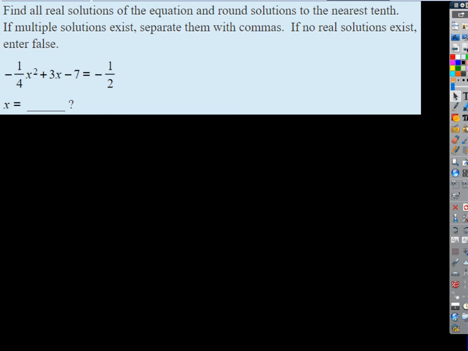So then the other thing would be problems like this. Find all real solutions of the equation and round solutions to the nearest tenth. So all we're going to do is something like this. Remember, when we're using technology, there's a couple ways we can do it. We could add 1/2 to both sides and find the x-intercepts, find the zeros, find out where it equals 0, which would be where the graph crosses the x-axis. I don't prefer that method, though, because you actually have to do something and you might make a mistake.